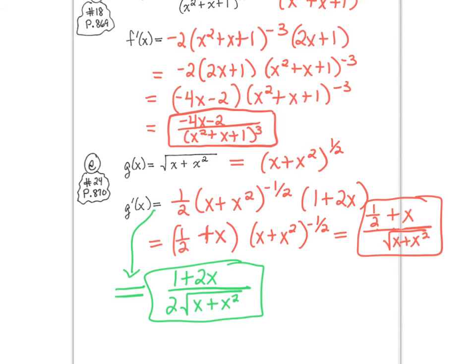Yes? If you're doing the first way that we've done, I wrote the denominator of the answer as x times the square root of x. Is that? There's a difference. Note that the square root of x plus x squared, this is just an aside, is not equal to the square root of x plus the square root of x squared.